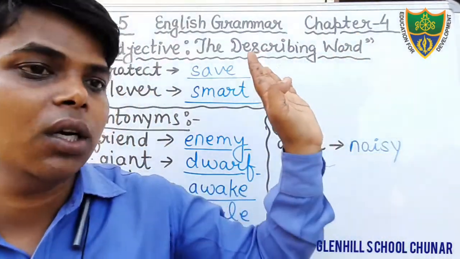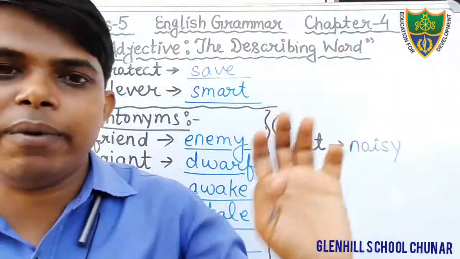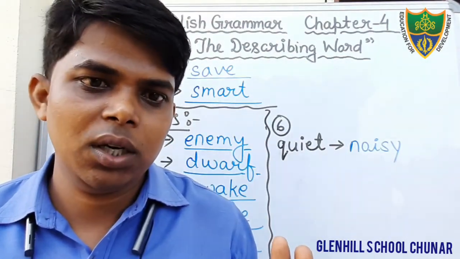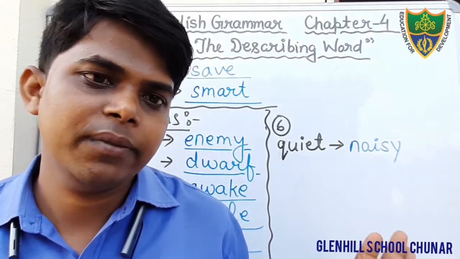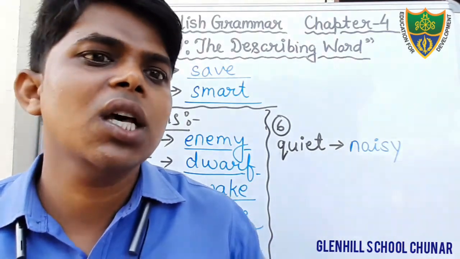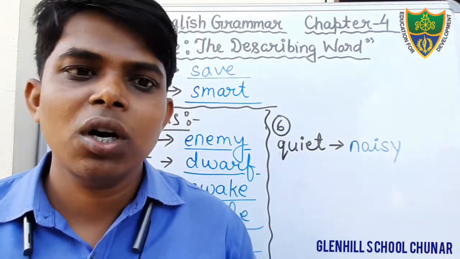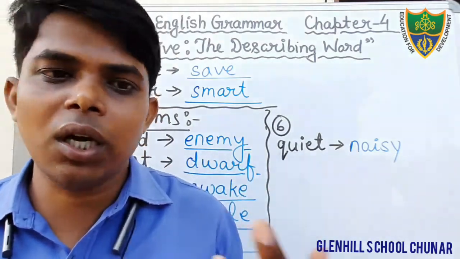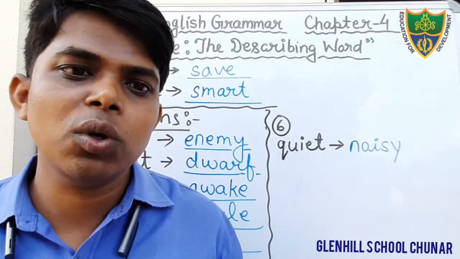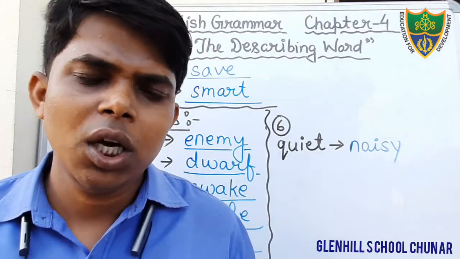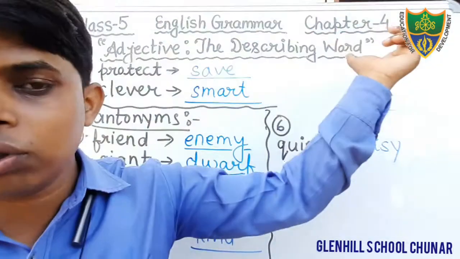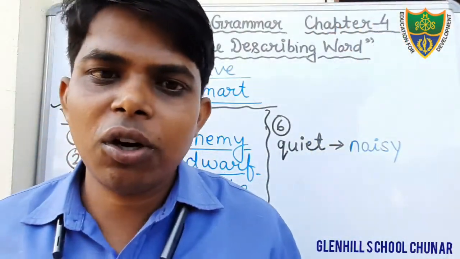If you have any kind of problem in this chapter, you can ask, whether it is the exercises, the kinds of adjective, degrees of comparison, synonyms, antonyms, features of adjective, or the definition of adjective.